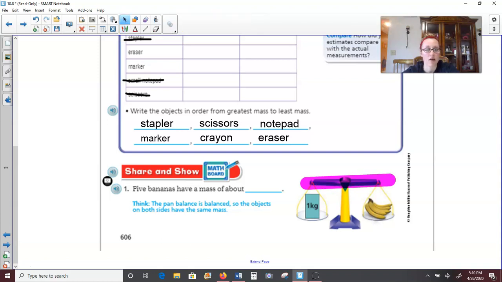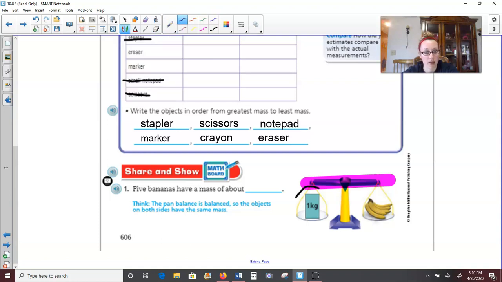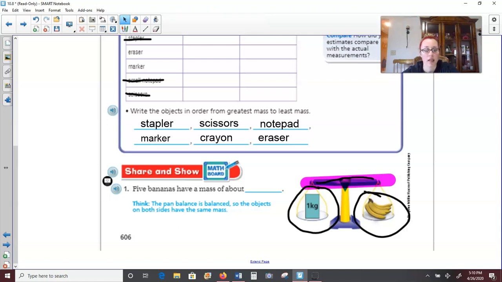And we can see on the left-hand side of the scale that there is a 1 kilogram weight. Because it's balanced, we would say that the bananas have a mass of about 1 kilogram. And kg is the abbreviation for kilogram. Sometimes it might be pronounced kilos. It's the same thing.